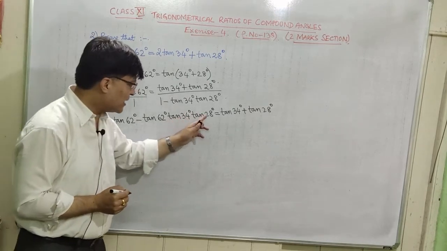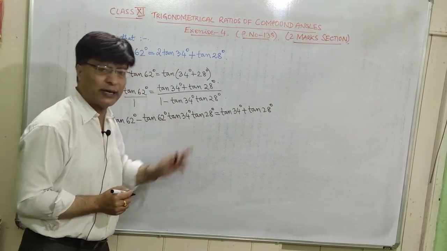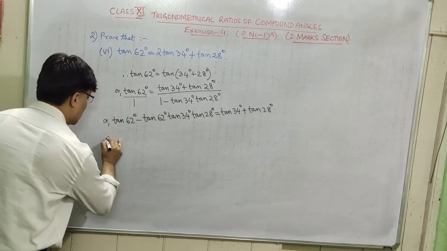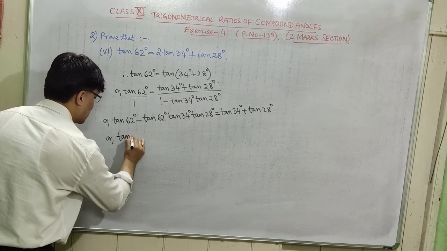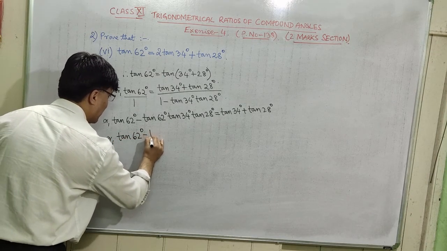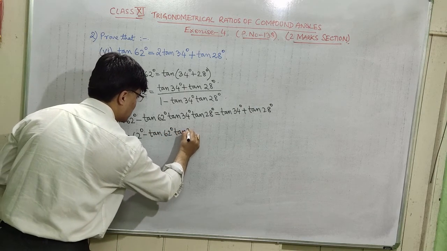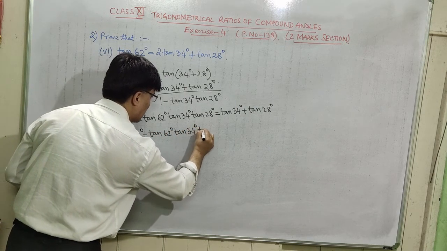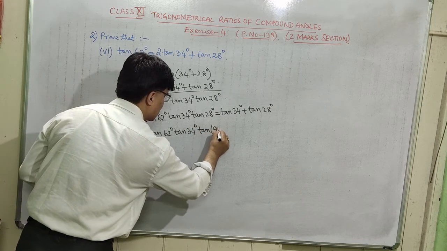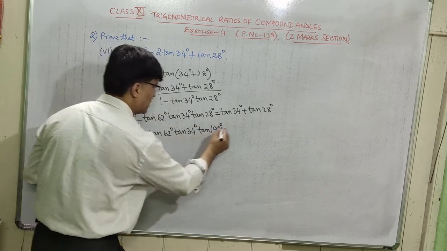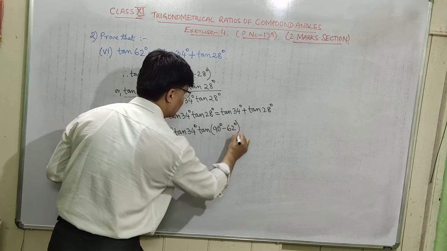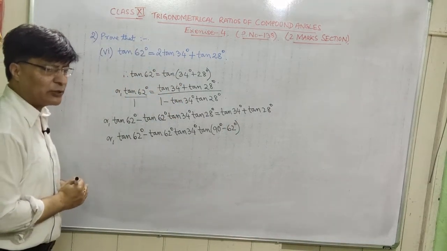So let us change this 28 degree into 90 degree minus 62 degree. So tan 62 degree minus tan 62 degree, tan 34 degree, tan of 90 degree minus 62 degree.